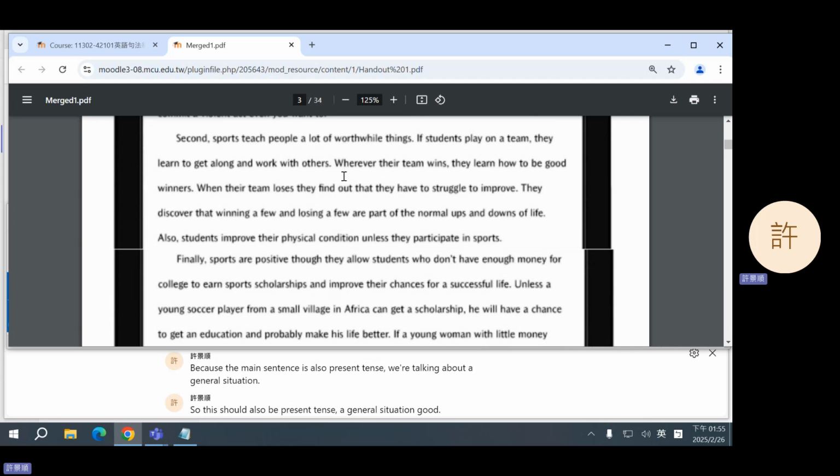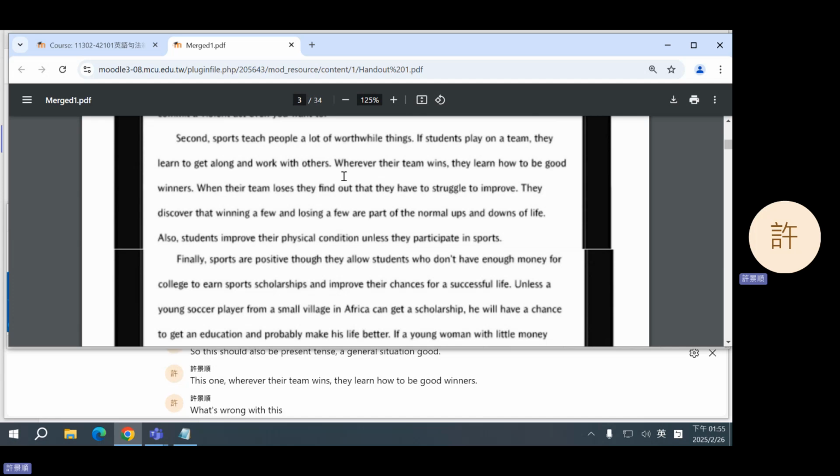This one. Wherever their team wins, they learn how to be good winners. What's wrong with this sentence? Lin Yixuan? 林一轩在吗? Yes. What's wrong with this sentence? Wherever their team wins, they learn how to be good winners.